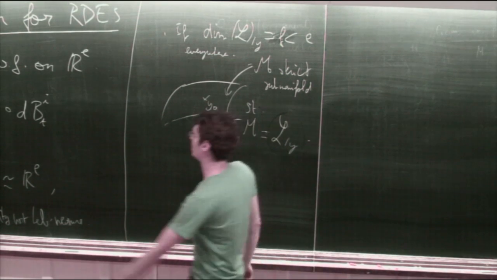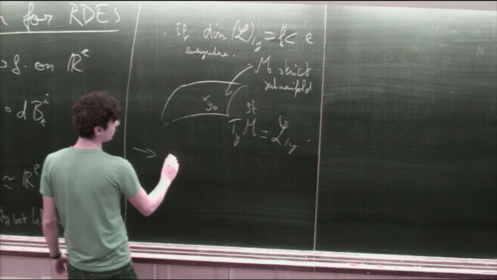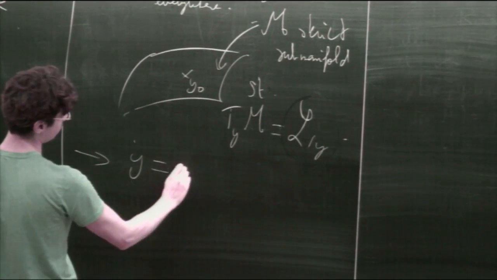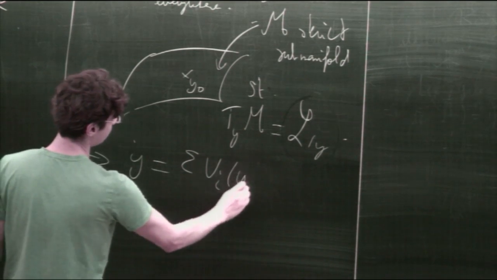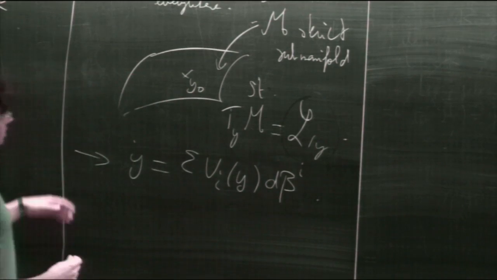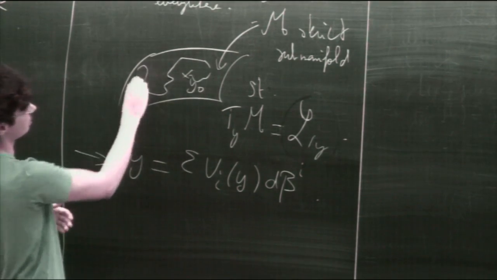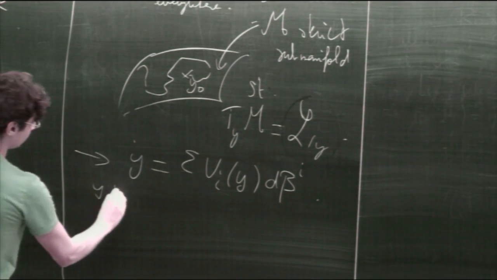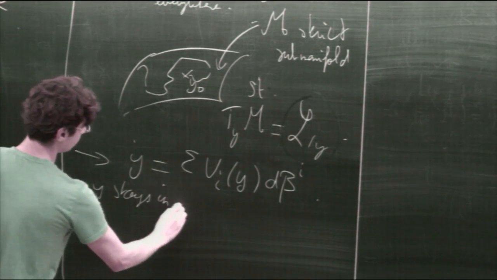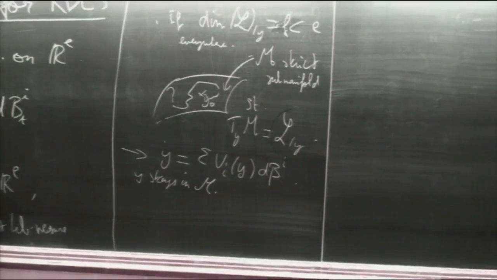So if you look not at Brownian motion but at any classical ODE, y dot driven along these vector fields by a smooth path beta, then if you start at y0, it has to stay in this manifold M. At least for a short time, you would have the same thing for these differential equations: you would stay in this manifold.